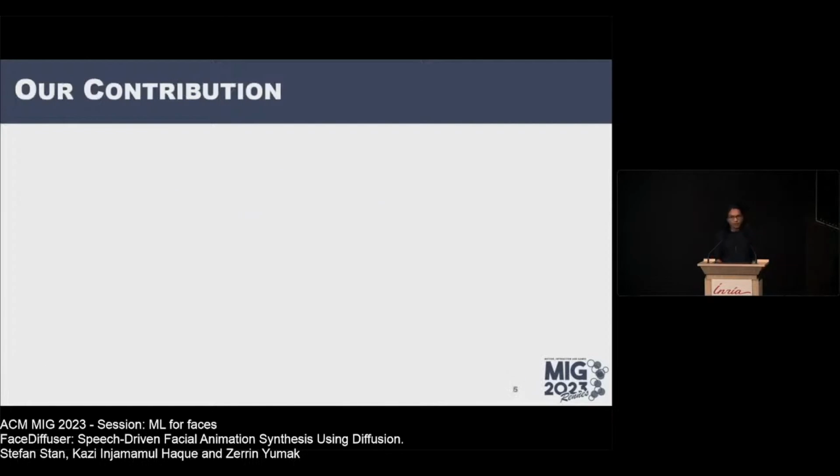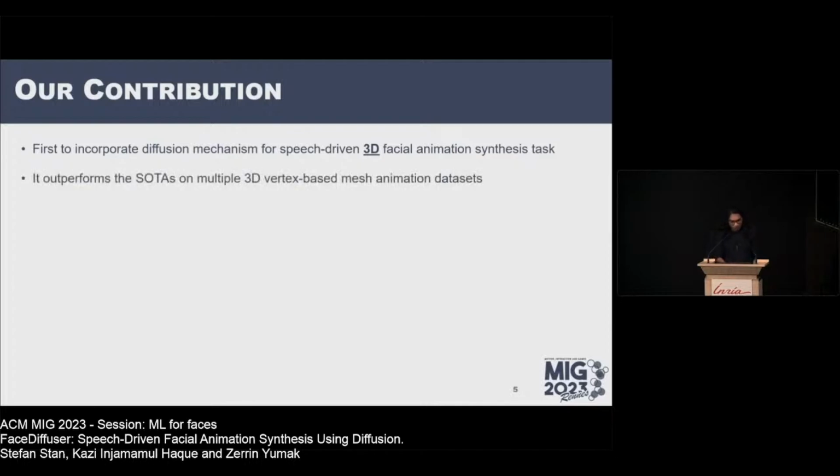To list our contributions with this paper: first, to our knowledge, we are the first to incorporate the diffusion mechanism for the speech-driven 3D facial animation synthesis task. Our model outperforms the state of the art on multiple 3D vertex-based mesh animation datasets.